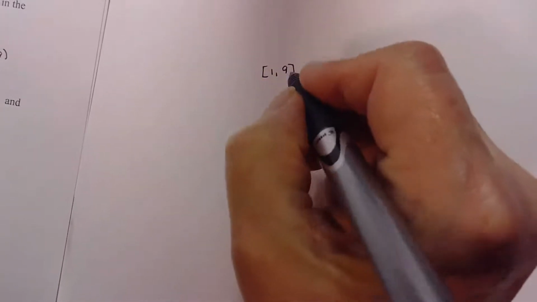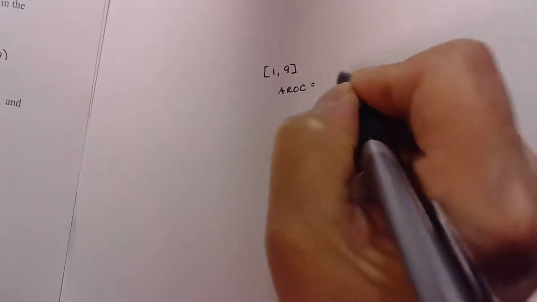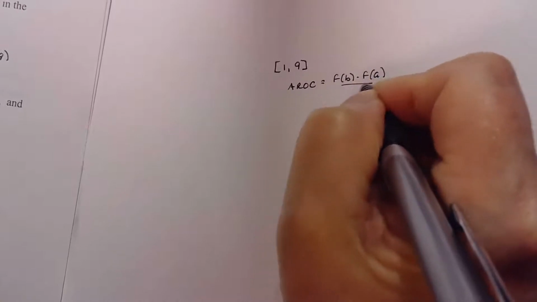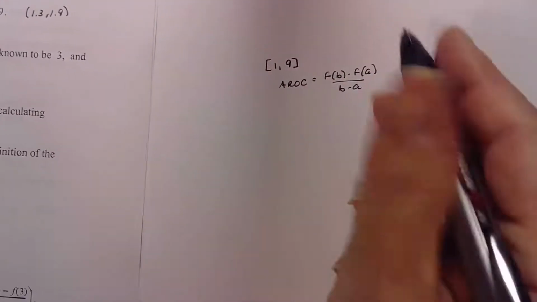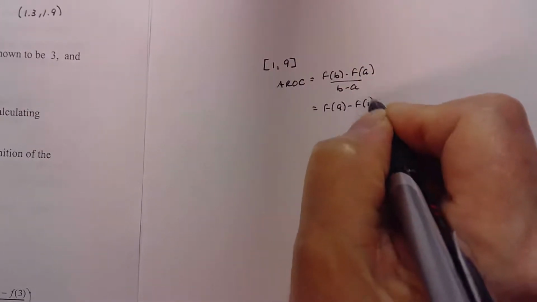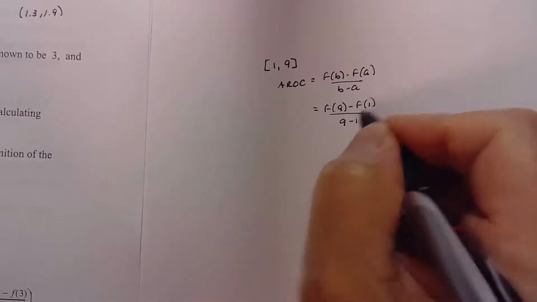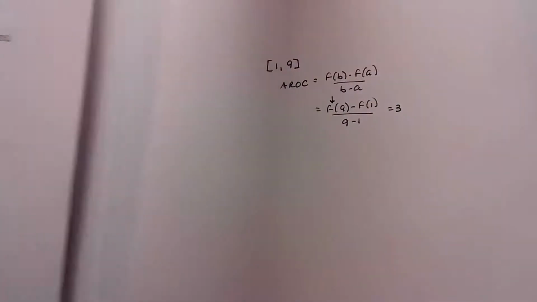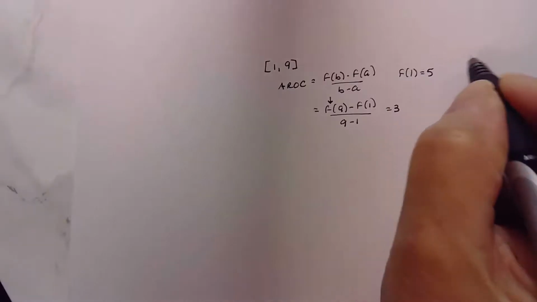I know that the average rate of change of any function can be given by f of b minus f of a over b minus a, right? So in this case, it's f of 9 minus f of 1 over 9 minus 1. And they're telling us that this average rate of change is 3. And they want us to find f of 9. They're also saying that f of 1 is 5.